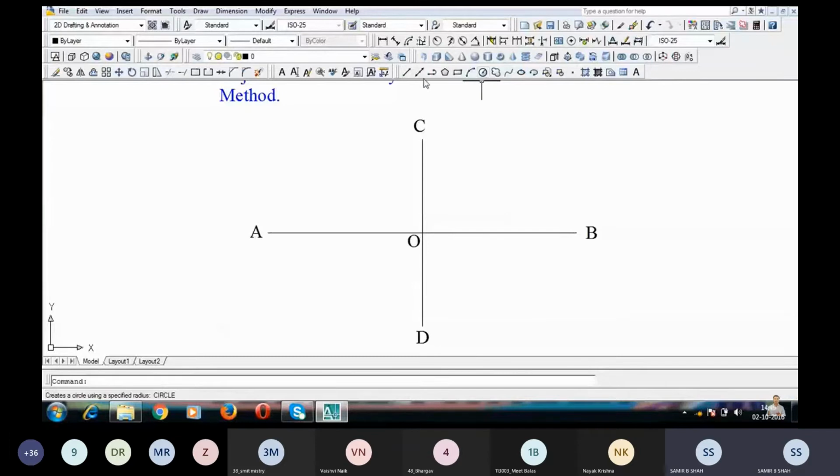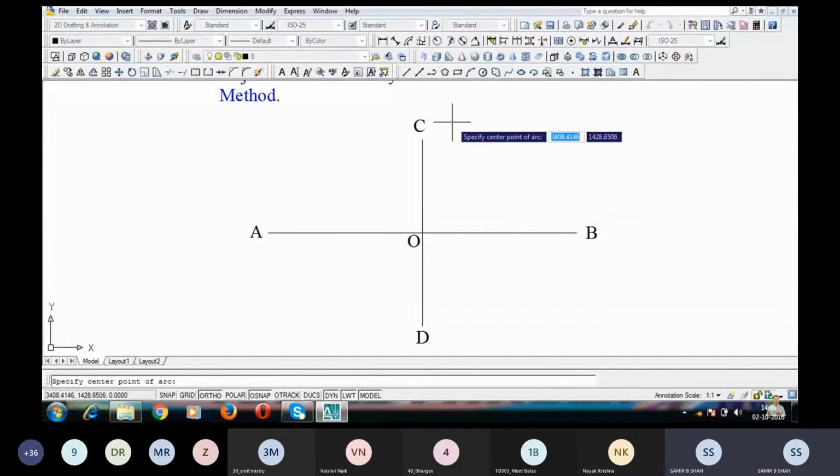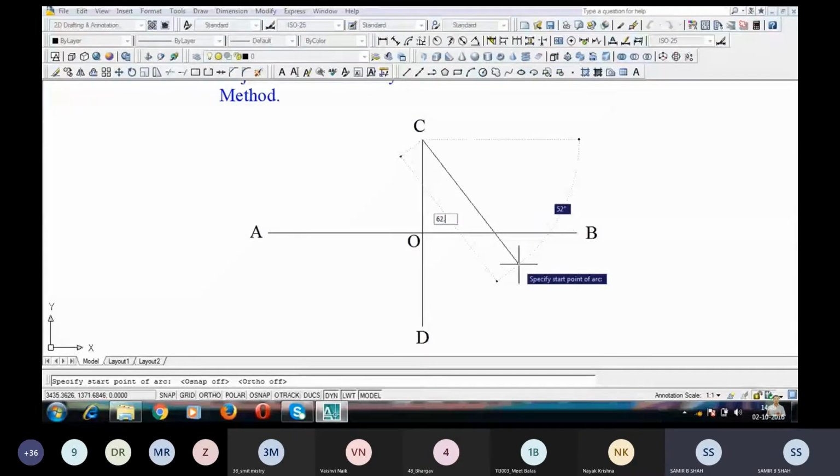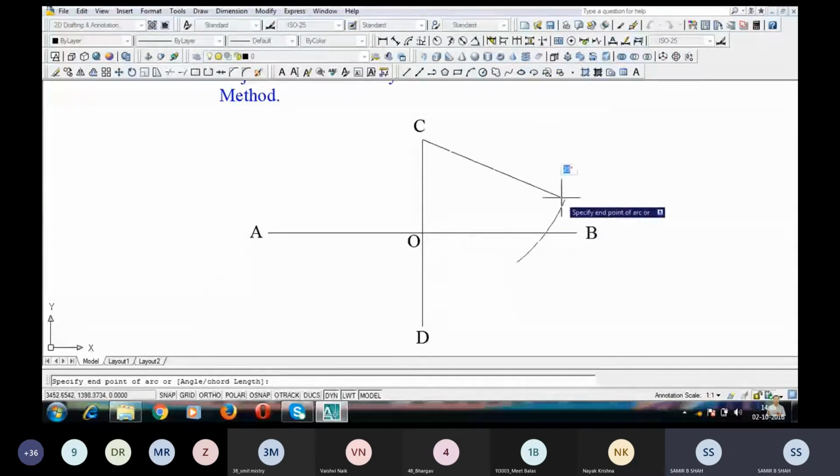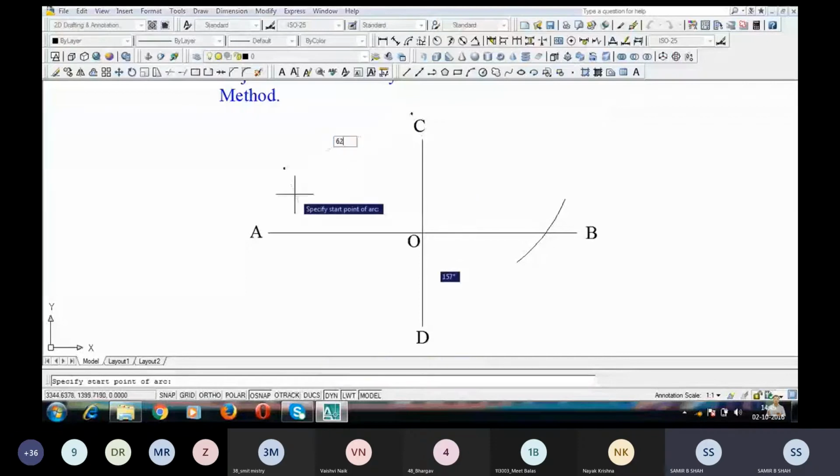I'll tell you how. You need to take an arc with C as center. And then with half of the major axis, this is going to be an arc. Then again we need to take an arc, and this is again going to be half of the major axis, 62.5.